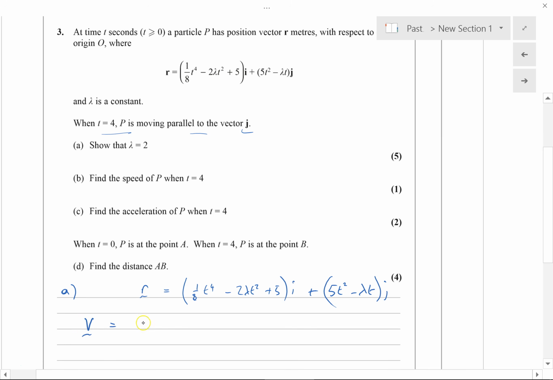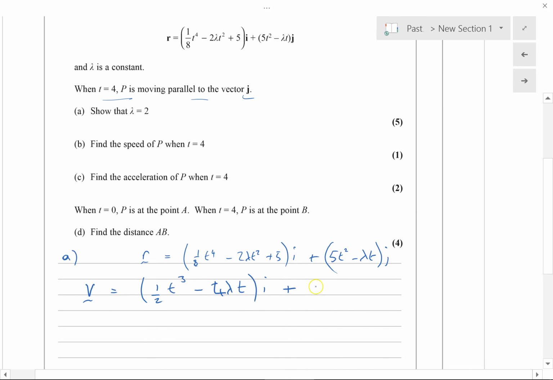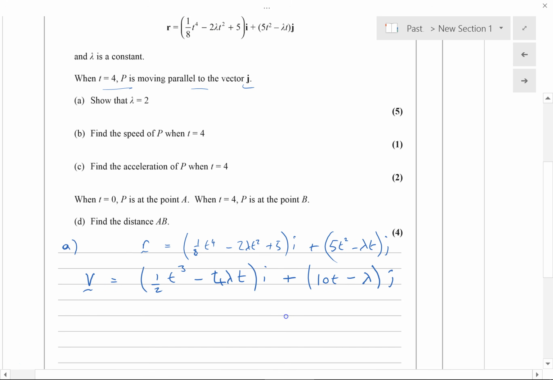So let's differentiate to get our v. That's going to be, 1/8 t to the 4 differentiates to a half t cubed, minus 4 lambda t, i, plus 10t minus lambda, j. Now it tells us that when t is equal to 4, it's moving parallel to j.